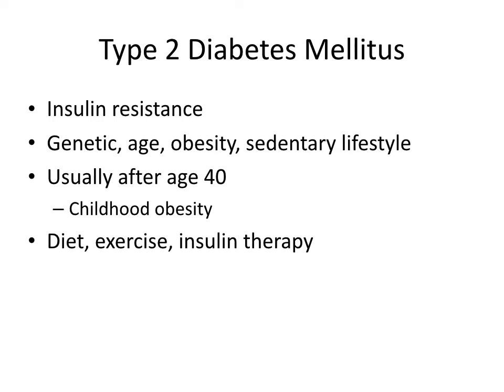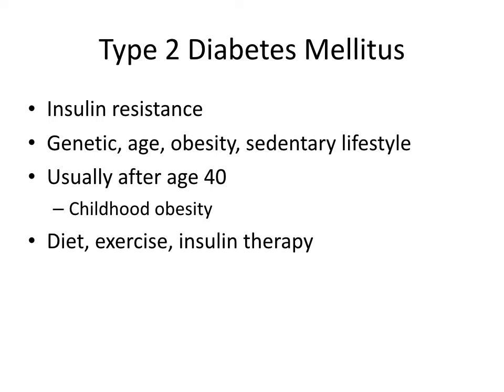Now, type 2 diabetes mellitus is usually described as insulin resistance, meaning the targets within the body become unresponsive to the insulin. So even though you can make the hormone, your body cells can't respond to it. So there's inaction of insulin, and blood glucose levels stay high.